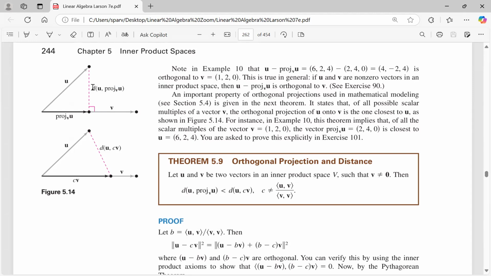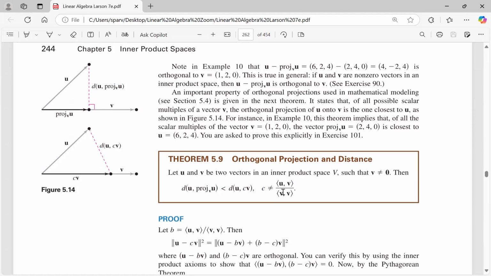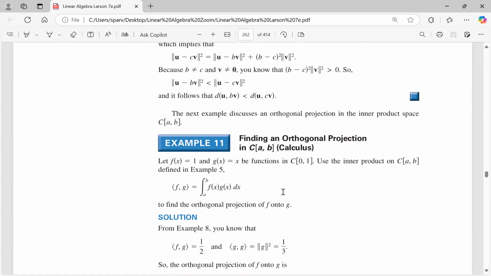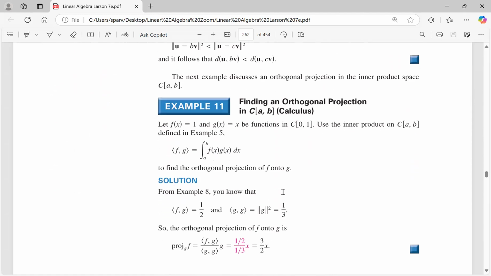But all he's saying is that that distance is going to be less than or equal to the distance from u to a scalar multiple of v, as long as c doesn't equal that. Okay. I'm not sure where we're going to use this, but it's there nonetheless.